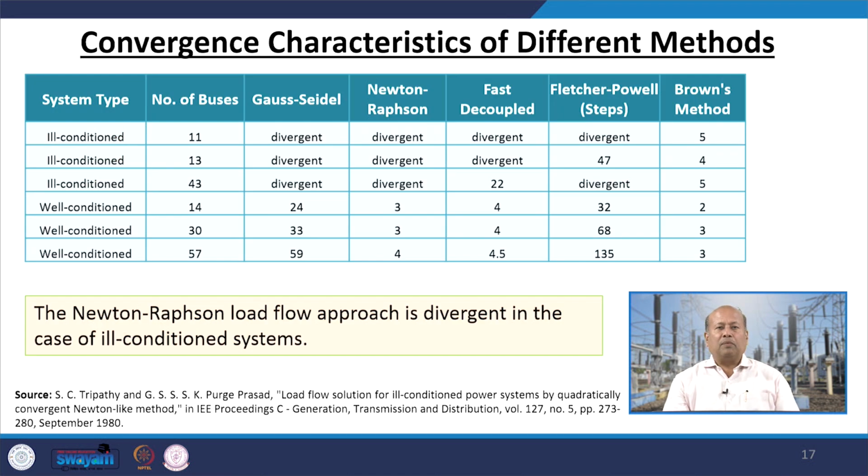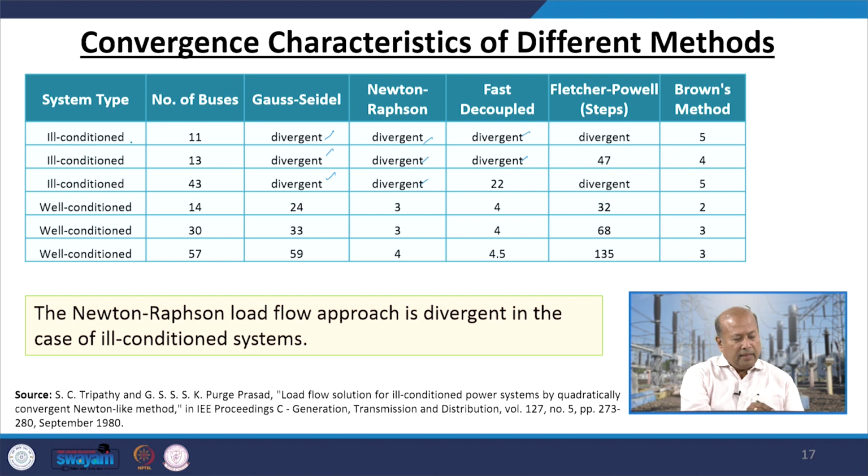Now, if you look at the convergence characteristics of different methods, we can consider again the same set of case studies, buses 11, 13, 43, 14, as well as 30 and 57, and we could see Gauss-Seidel is divergent, Newton-Raphson is equally divergent, and fast decoupled is divergent.